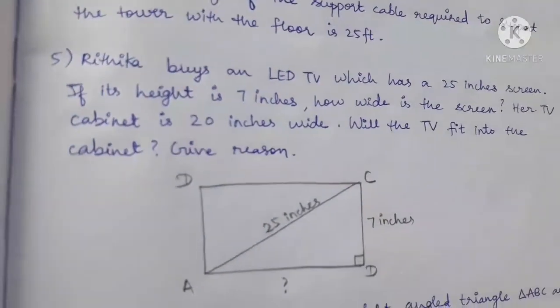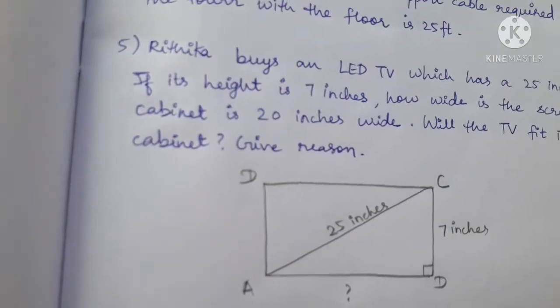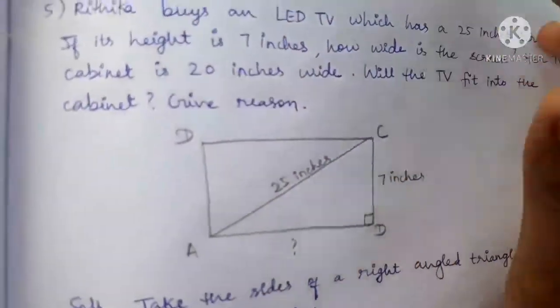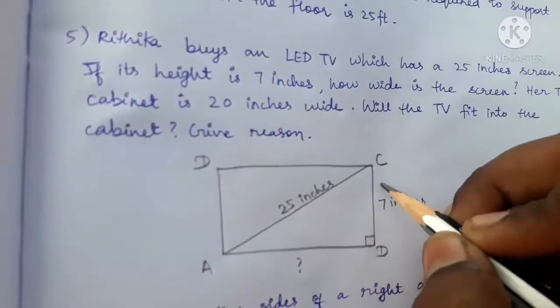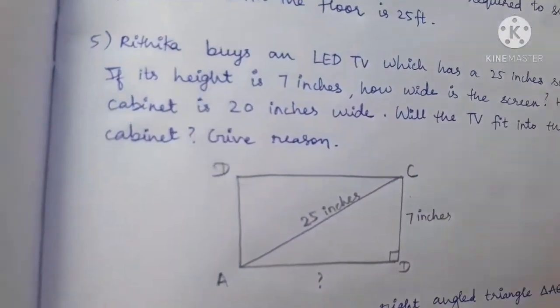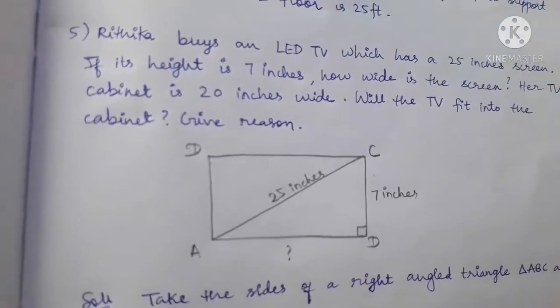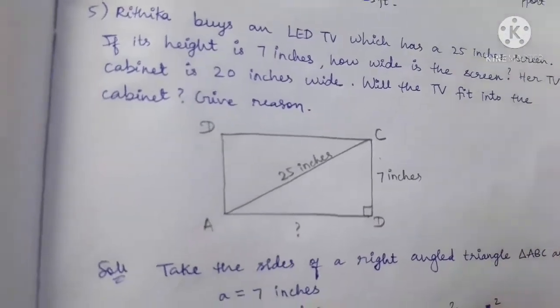But now you should understand that this is not the length of the TV, but the length of the diagonal. Don't confuse, it is not this length they are telling about. They are telling about this length. Always when you go to buy a TV, they will say the inches of the diagonal only, not the side.